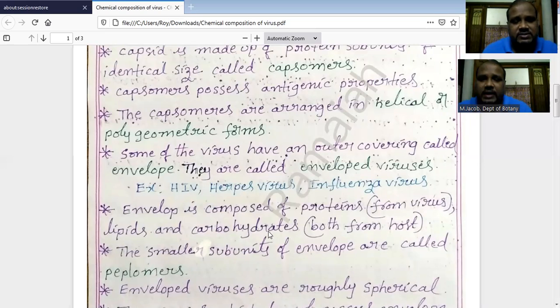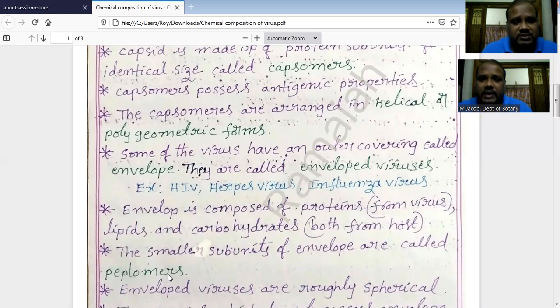My dear students, the capsid is made up of proteins. The envelope is made up of proteins, lipids, and carbohydrates. The smaller subunits of the envelope are called peplomers.